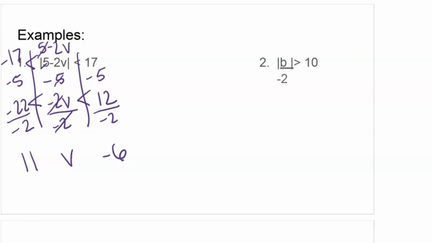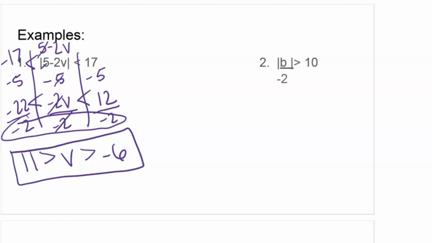So now, because I divided by a negative number, that's when I flip the sign. So these signs started out as less than signs, but then I divided by a negative, so now I flip it to greater than signs. So it's just like that. Just whenever you multiply or divide by a negative, you flip the sign.